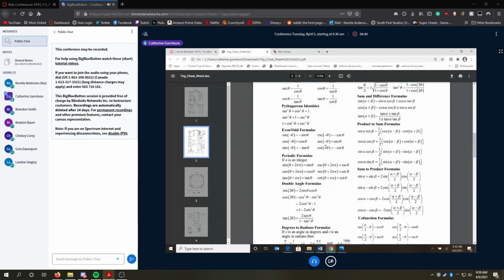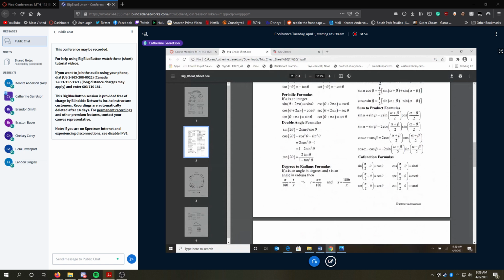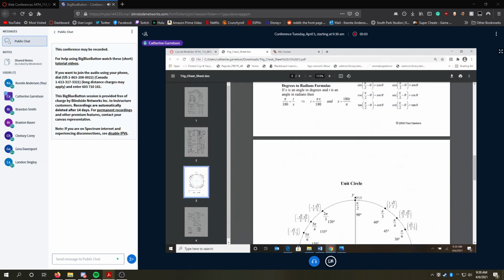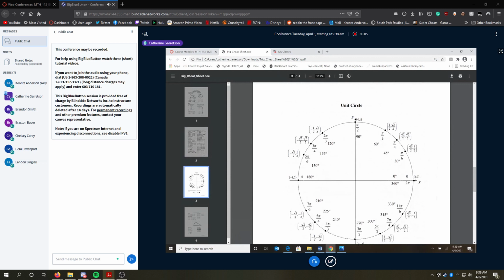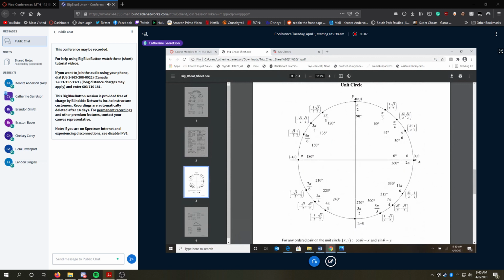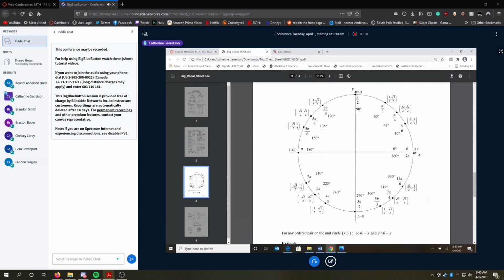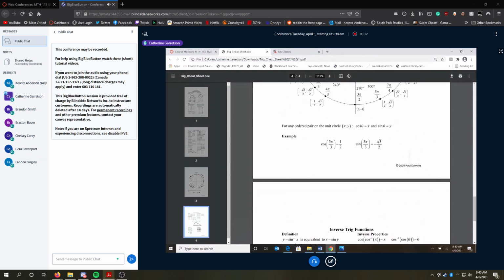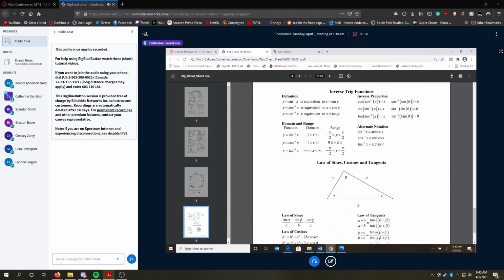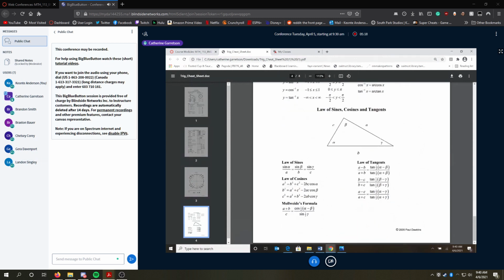Okay, so we have these different ones here, the double angles. It even has the radian to degrees and degrees to radians, and though we don't need that for this test, it's good to have. And the unit circle, we probably don't need that for this test, but it's there. I don't know that any of these are applicable.